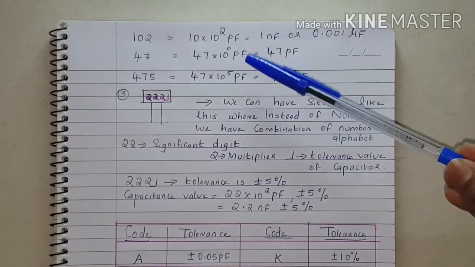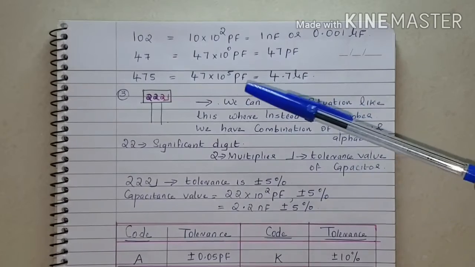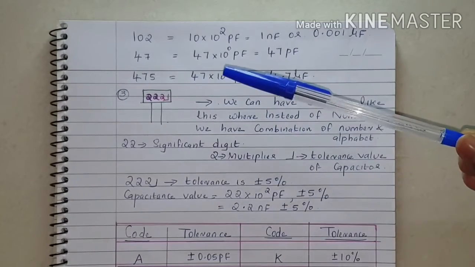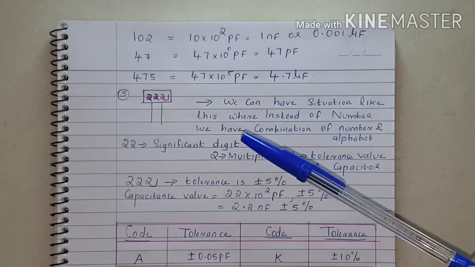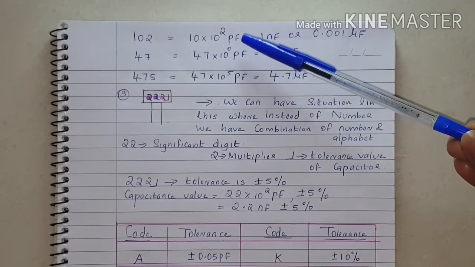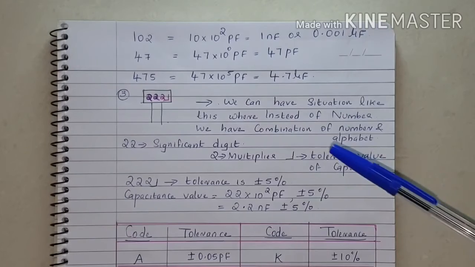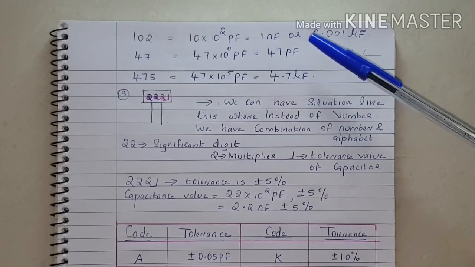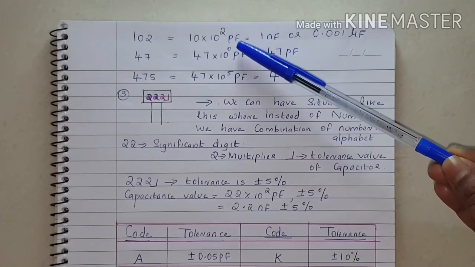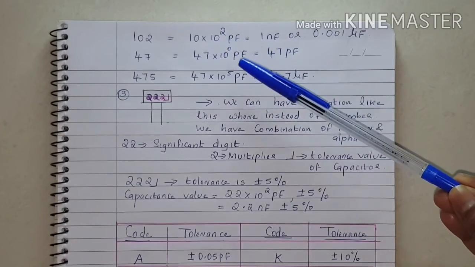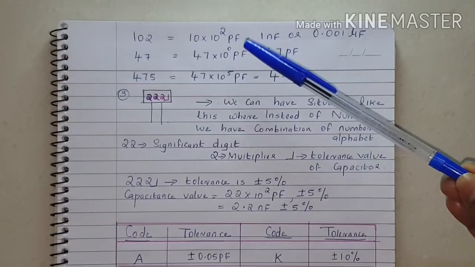Let us take another example: if it is coded 102 inside the capacitor, then 10 into multiplier 2, so 10 raised to 2 picofarad. This can be written in terms of nanofarad also. Pico means 10 raised to minus 12, and minus 12 and 2 makes it 10 raised to minus 10.